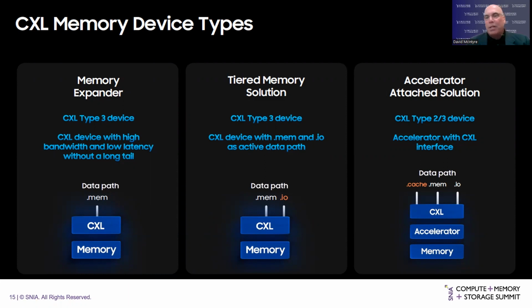And then for the last category, the accelerators themselves, this would be a hybrid type 2, type 3 device, an accelerator with a CXL interface. So we would have all three functions supported: .cache, .mem, .io, the accelerator with in-house memory, perhaps tiered memory or even pooled memory available to provide the best performance for the applications.